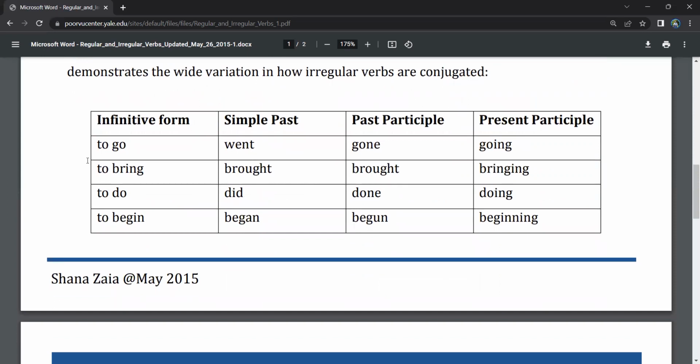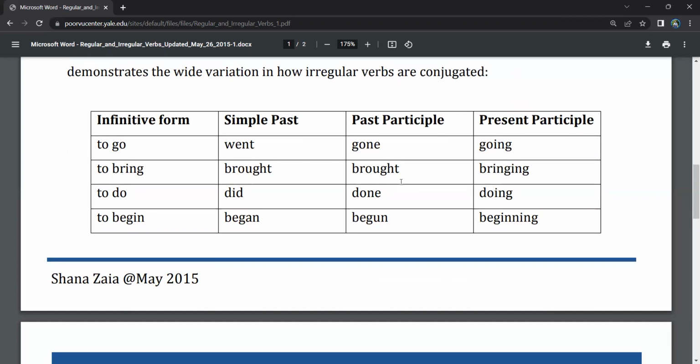Okay, example. So we're going to use to go, to bring, to do, to begin. Go. Its simple past is went. Past participle, gone. Present participle, going. Again, go, went, gone, going. For bring, we have brought.